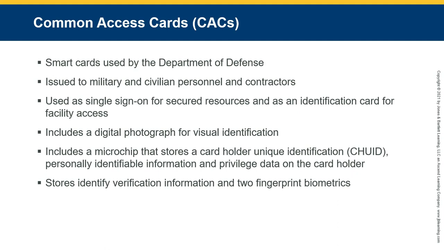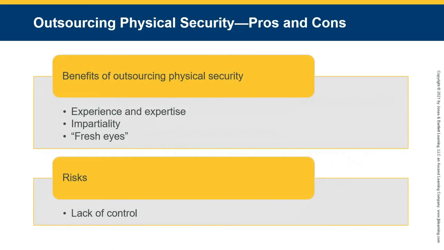Smart cards are issued by the Department of Defense to military and civilian personnel and contractors. They use a single sign-on, are secure, include digital photography for visual identification, and include a microchip that stores the cardholder's unique identifier, personal identification, and verification.